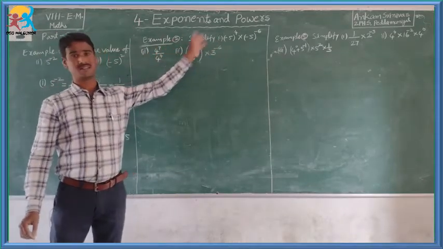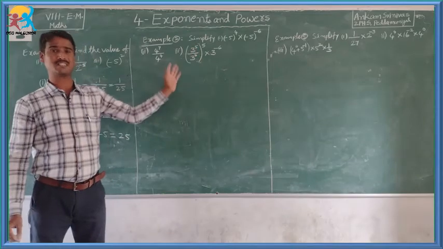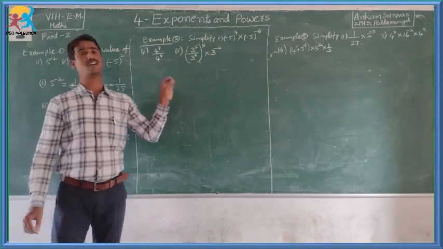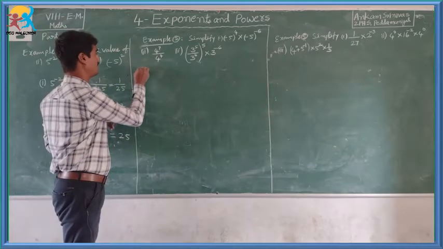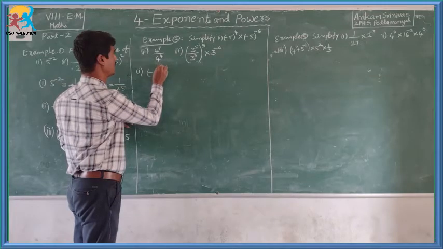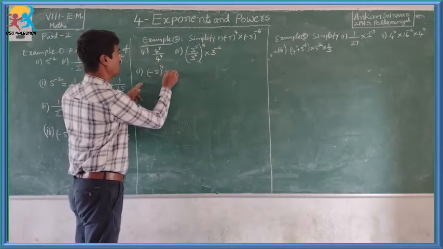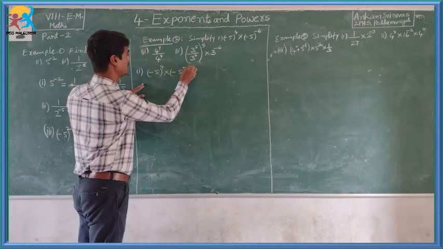Simplify the given problems. For these simplifications we have to use the laws of exponents. Take the first problem. What is the first problem? Minus 5 power 4 into minus 5 power minus 6.